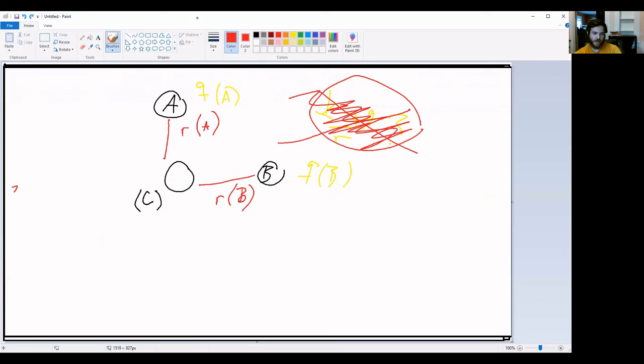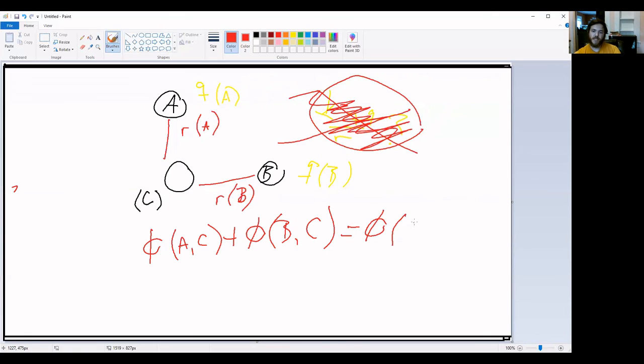So we've got phi of A, comma C, plus phi of B, comma C, is equal to phi just of C. So phi at C.